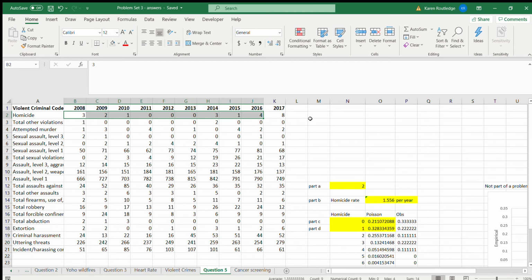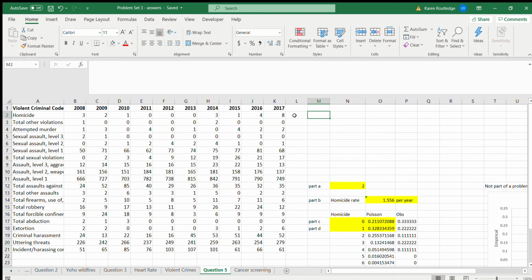I wanted you to evaluate whether or not, given this 1.56, it was likely to get 8 homicides. If it is likely, however you defined that, then the RCMP can go ahead and say, nope, we think everything is the same and it's just a random fluke that we happen to get 8 homicides this year.